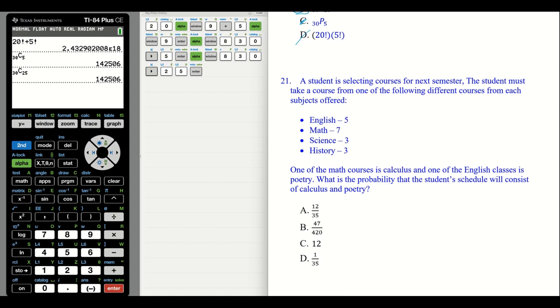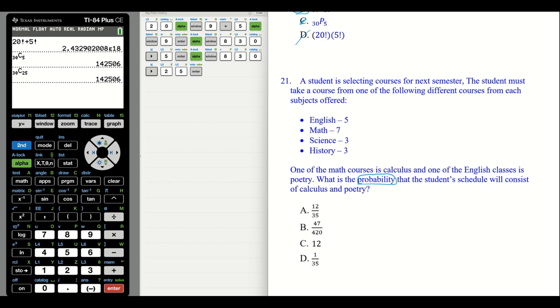Okay, they're asking us for probability. So that clues us in that we have a part out of total. Okay, so what is the probability of each event? Let's see. One of each. So we have 1, 2, 3, 4, 5. All right. English. Were they specific about English?